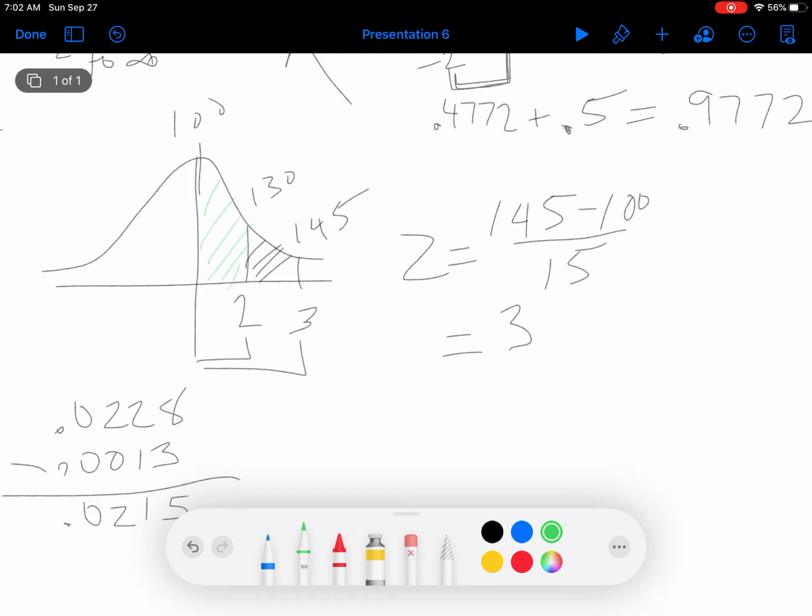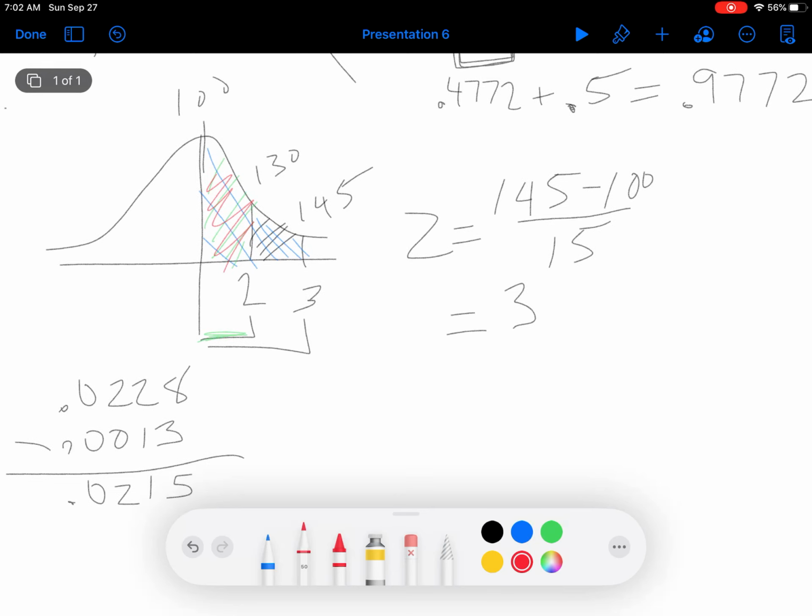So 2 to the mean gives us this part. We don't want that part, that's not part of what we're interested in. And then from 3 to the mean gives us all of this. So it covers the area we're interested in plus some. And so what we want to do is get rid of all of this, and we can just do that by subtracting.